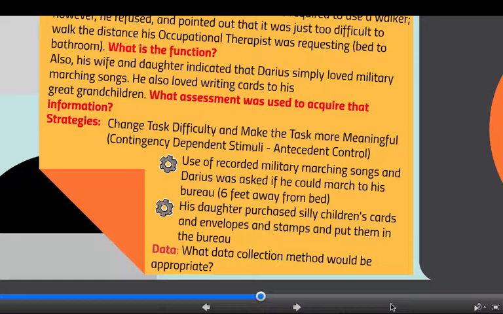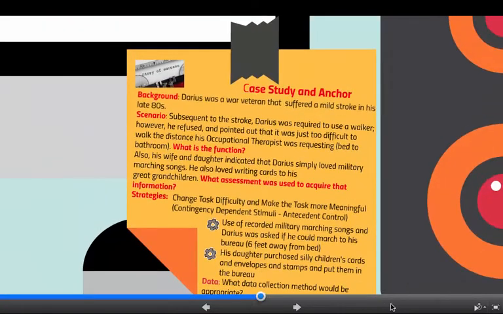So I'm transferring it over to you because just as I said, what we want with the individuals that we work with is to make them self-sufficient and to promote self-efficacy and self-determination and self-control. I want to do the same thing with you. So you decide what data collection method could be used for this kind of case study.